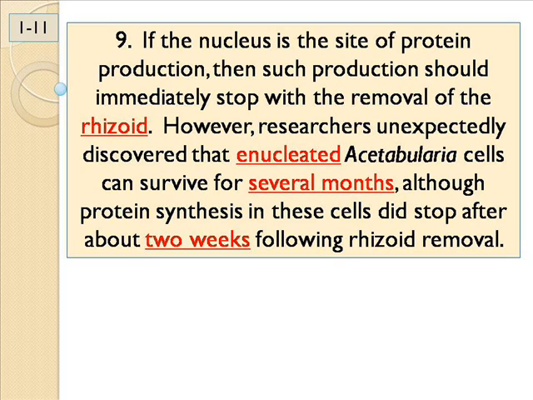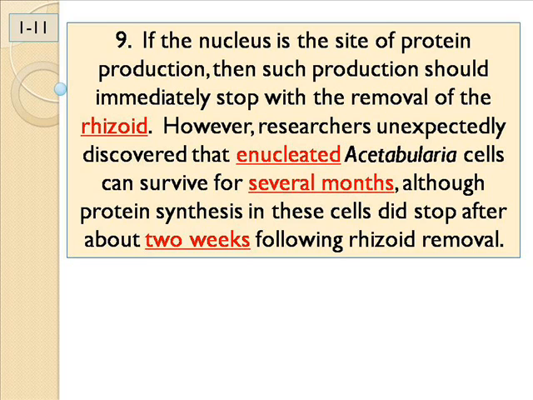To enucleate means to remove the nucleus. The problem was, they kept living. They kept making the proteins to keep them alive for months. And the protein synthesis went on for 2 more weeks after we removed the nucleus.